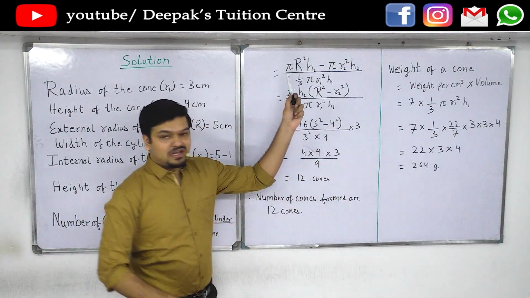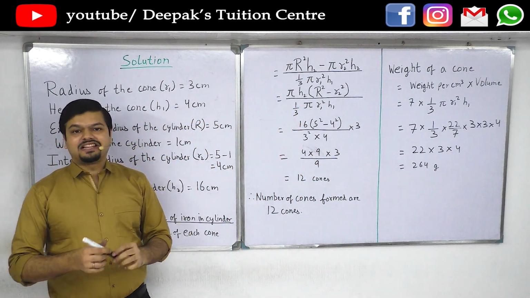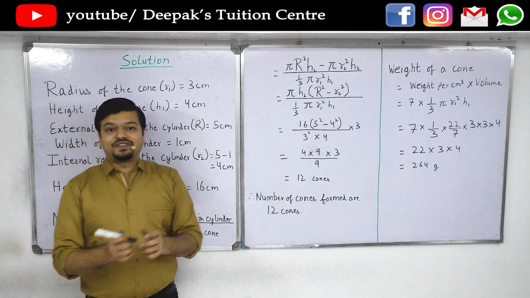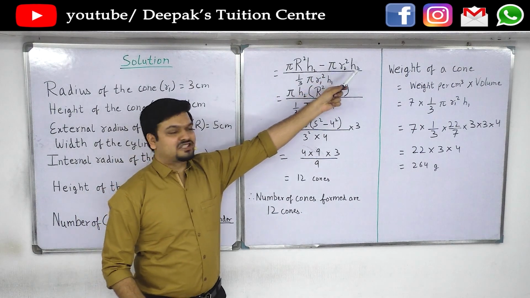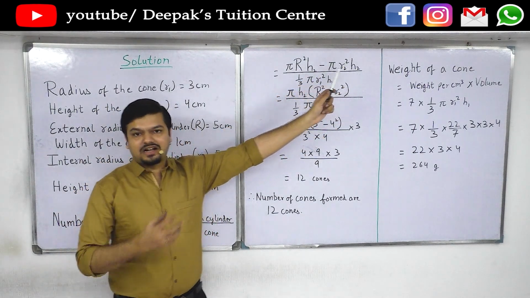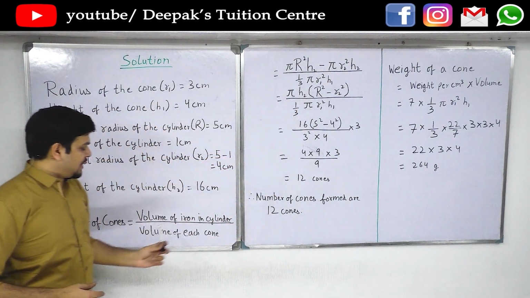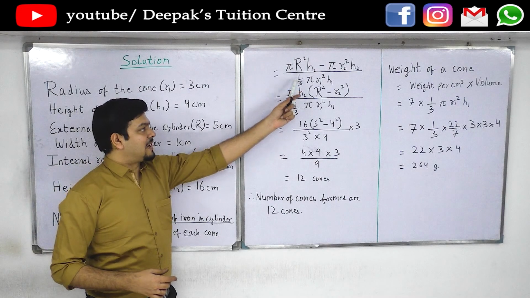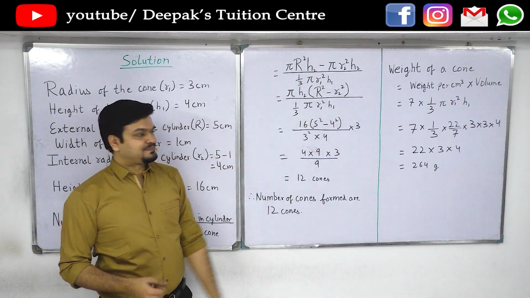Since this is a hollow cylinder and iron is the material, the volume of material of the cylinder is pi R square H minus pi r square H. We will obviously use H2 and R2 respectively for the cylinder, divided by volume of each cone. The formula is 1 by 3 pi r square h. We will use R1 and H1.